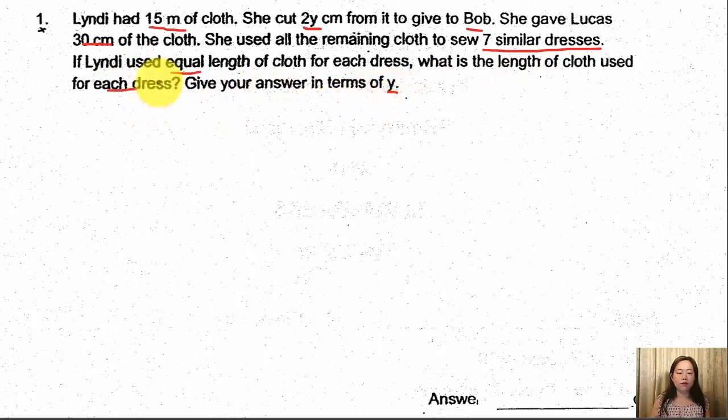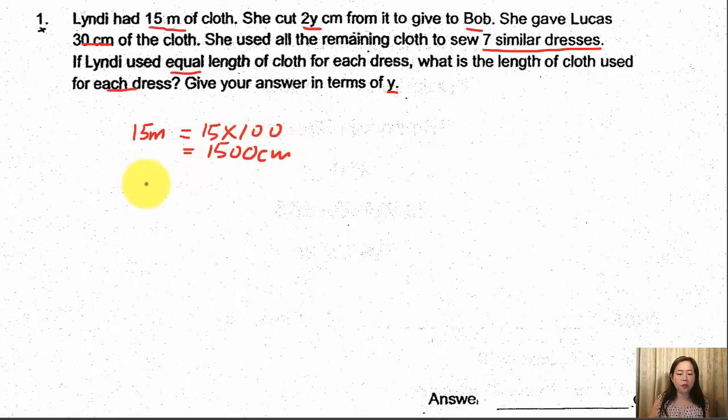So, first, Lindy had 15 meters. And you must know that you have to change meters into cm because the other information are in cm. So 15 m is equals to 15 times 100, which is equals to 1500 cm.